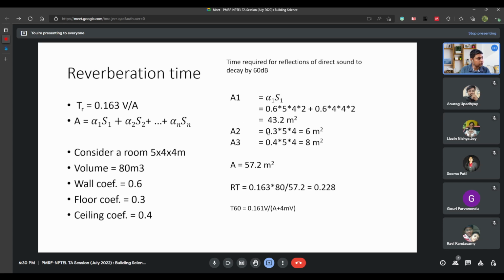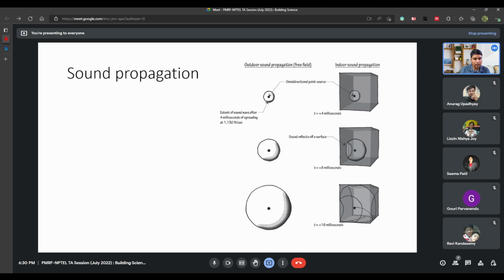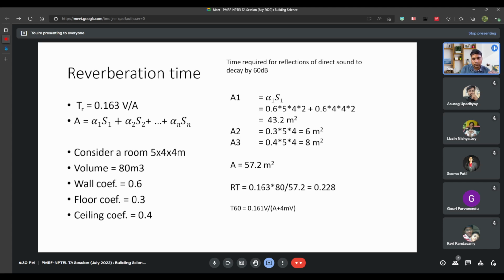There's a common thing there. Before, I was talking about absorptivity; when we consider a whole room, there is a time where sound decays below a certain level. RT calculates how much time it takes for sound to decay below a certain level. That is reverberation time.